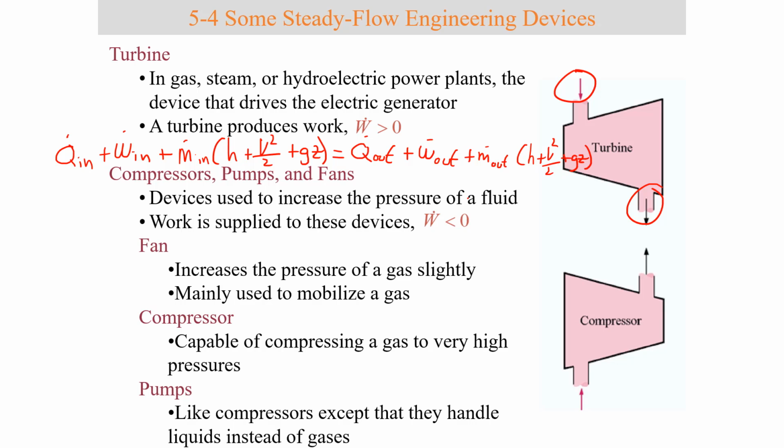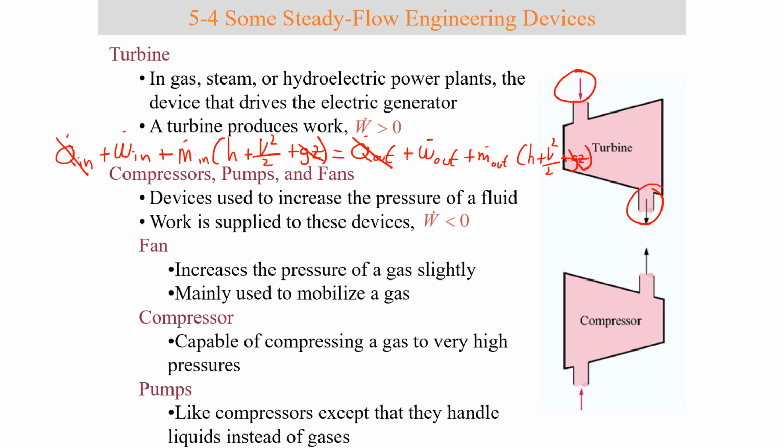the potential energy. Now, for my turbine, my compressor, if it is adiabatic, which means no heat transfer, there's no heat transfer. Right? Change of potential energy is pretty close to zero. Sometimes I can equate my change in kinetic energy to be at zero or close to zero.